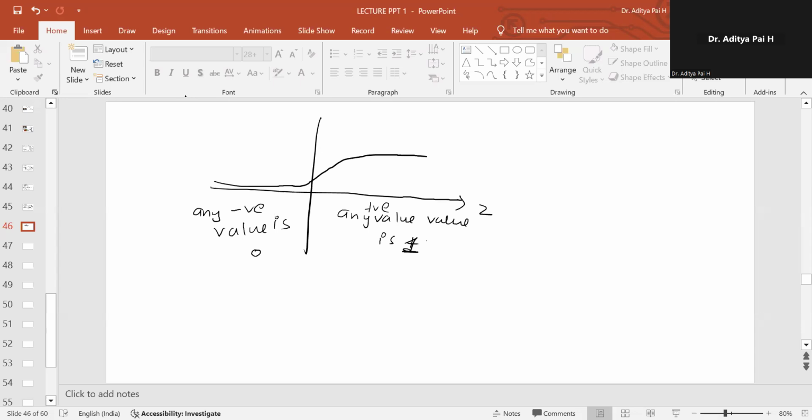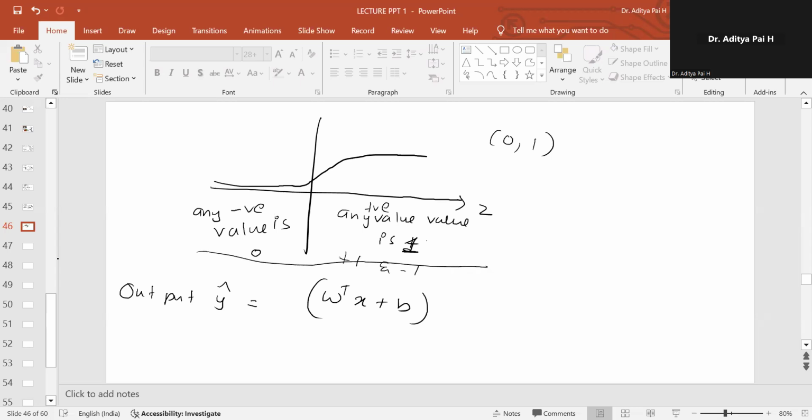So in that way, we will be sticking to 0 and 1. That is why, for the output y hat, which is W transpose X plus B, which we had initially said has a value between +1 and -1, to get this kind of outcome, that is 0 and 1, we will be applying a sigmoid function.